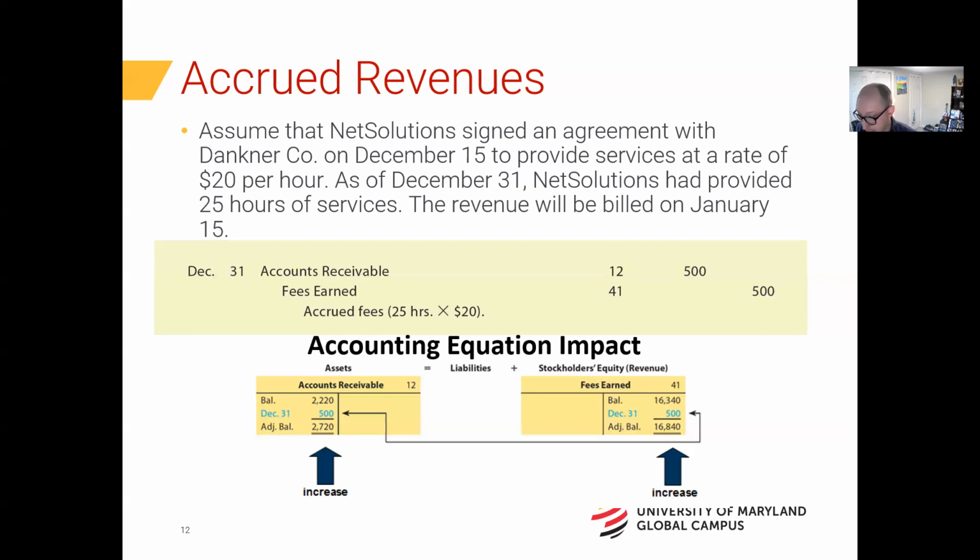Temporary accounts are the accounts on the income statement, and those temporary accounts get closed out to stockholders' equity through the process of net income. Exactly. And so that's why we see it on the balance sheet over time.